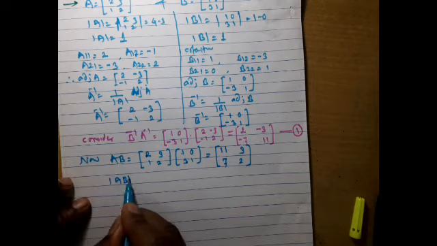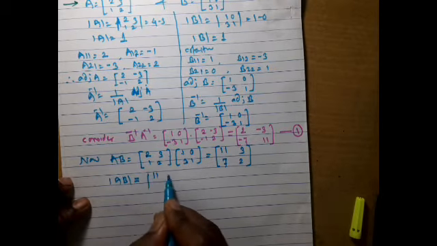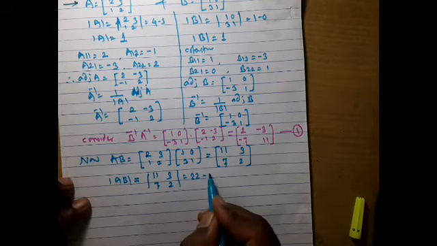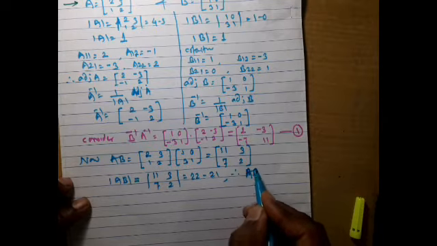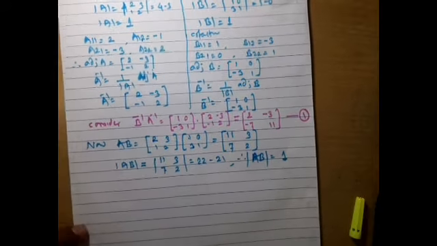Therefore, determinant of AB is 11 into 2, 22 minus 21. Therefore, determinant of AB is also 1.